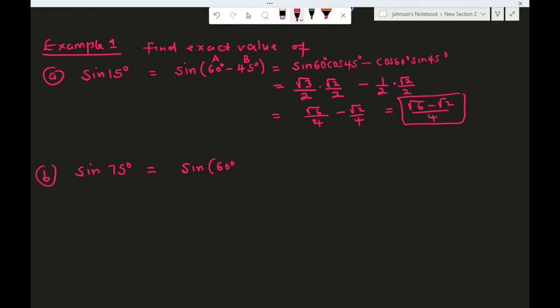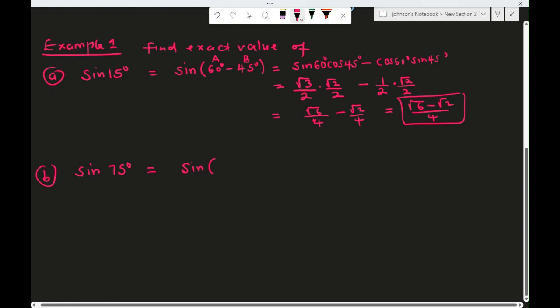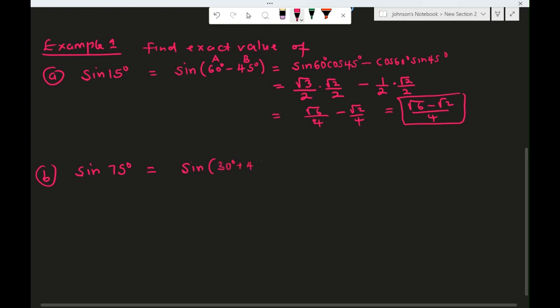So we need to think of something else. We can write 75 as 30 degree plus 45 degree.